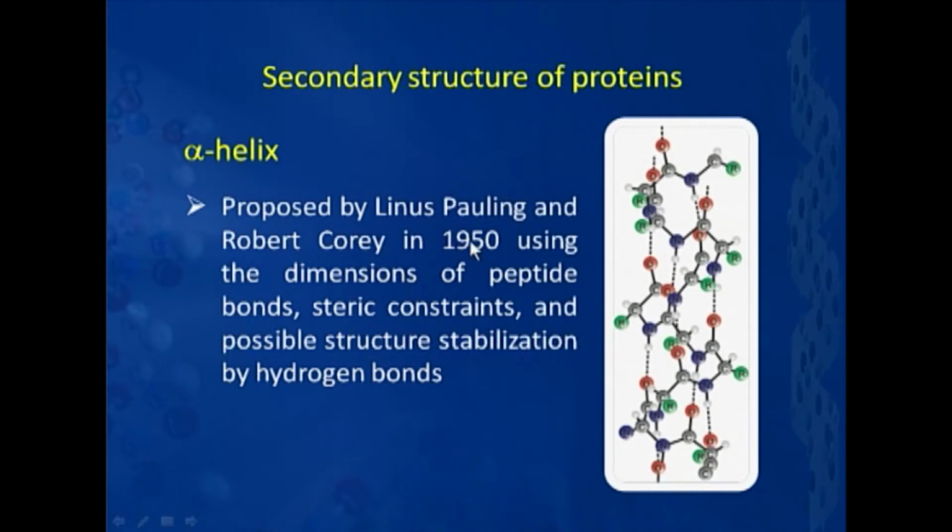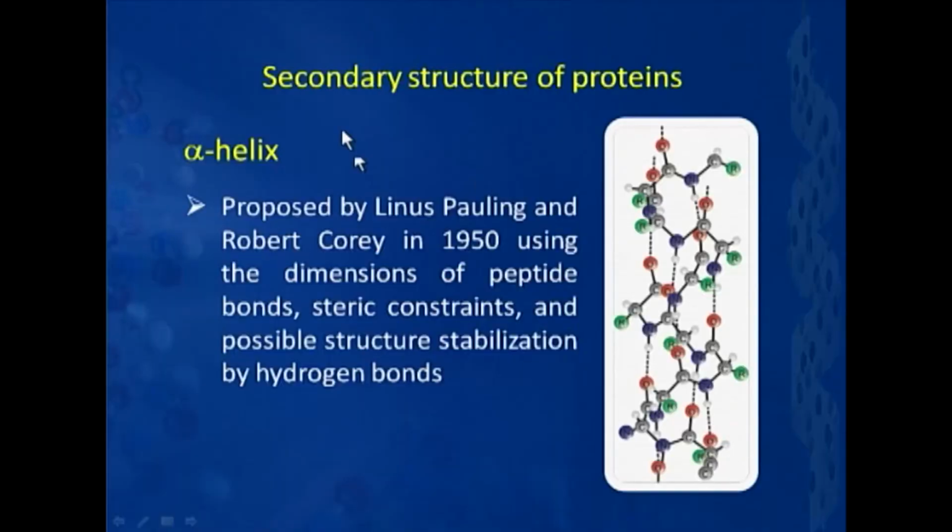Basically, they used the dimensions of peptide bonds, which we learnt about in previous sessions, and steric considerations, because we know that the peptide bond is planar. So we have the backbone C alpha, CONH, C alpha, and that backbone has to be there. It cannot move within the peptide part, only the other components can move. With those constraints, where can it move and what kind of structure can it acquire?